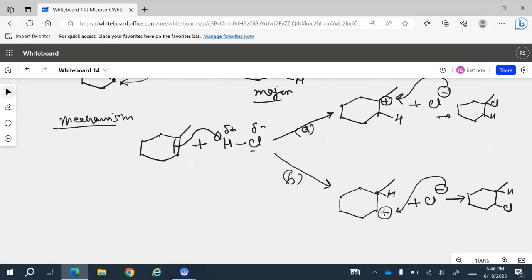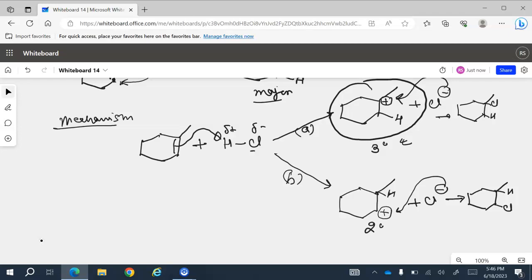Now, if we look at this one here, path A is giving you the carbocation, which is a tertiary carbocation, whereas path B is a secondary carbocation. So when hydrogen is added to the carbon with a larger number of hydrogen, it will result in the formation of a better carbocation.